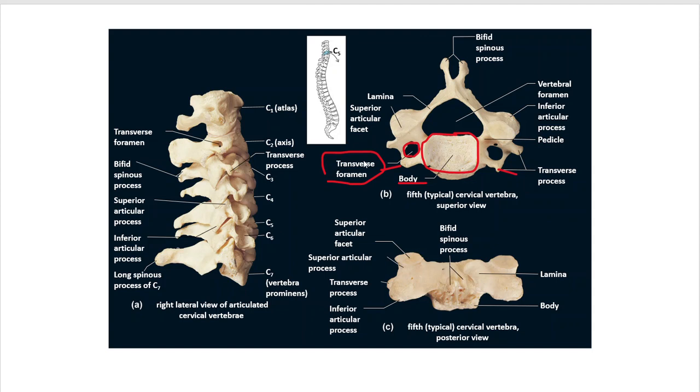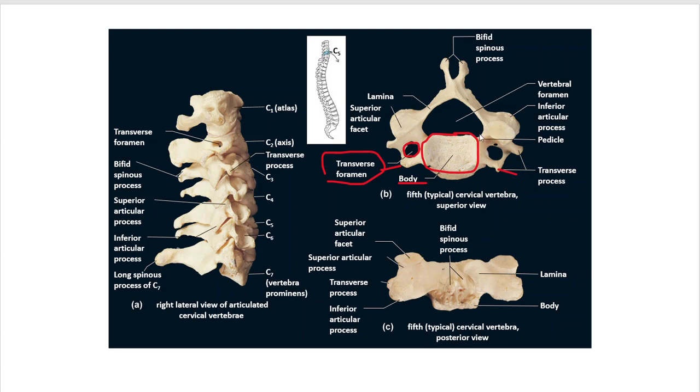I don't know why they didn't put it on there. Oh, they did. There it is. I see it. It's under cervical vertebrae. Okay, so that's on your list. Now, those are the transverse foramen.